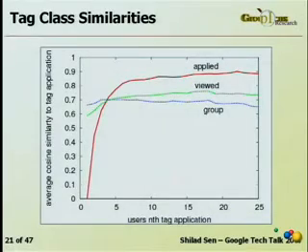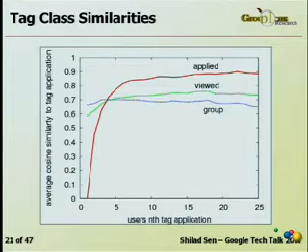And here is a graph comparing these different types of factors. And I'm going to talk you through the graph. So the idea here is to look at the similarity between a particular tag that a user has applied and another group of tags. And when we talk about similarity, we're talking about similarity of tag classes. So if this is a factual tag that the user has applied, we look at the proportion of factual tags that this other group of tags has had in the past.